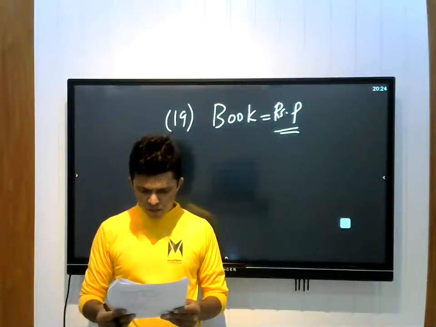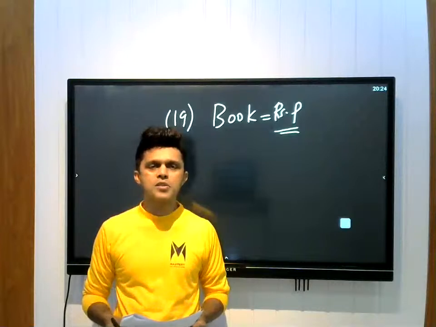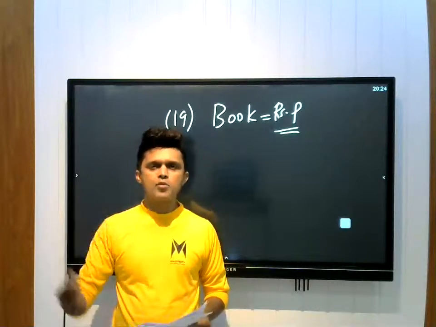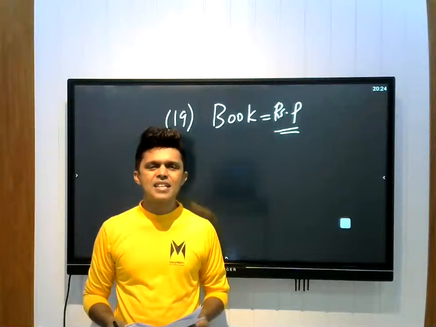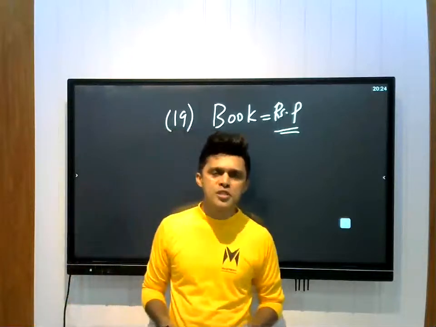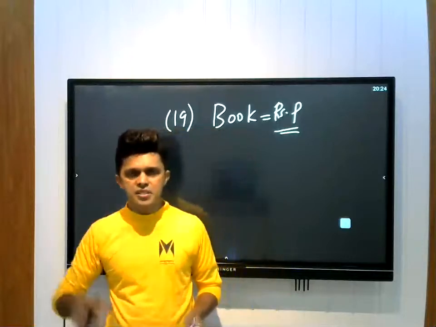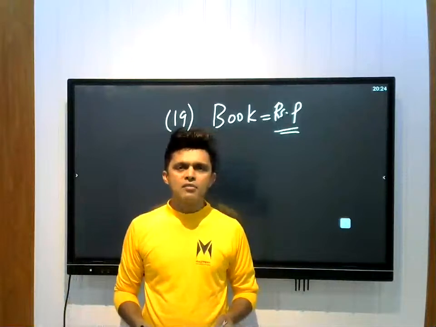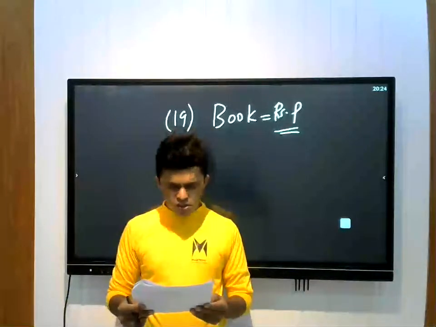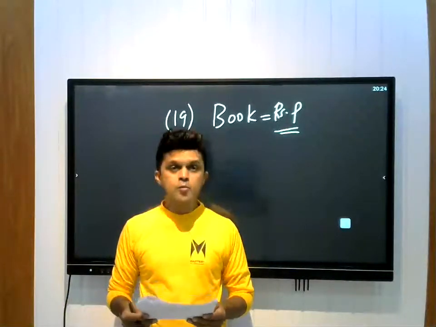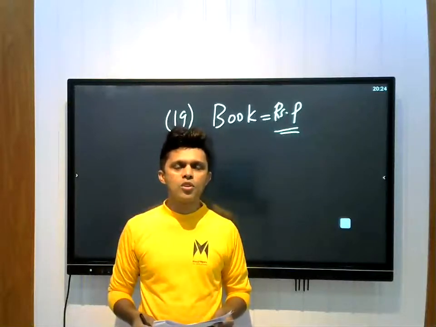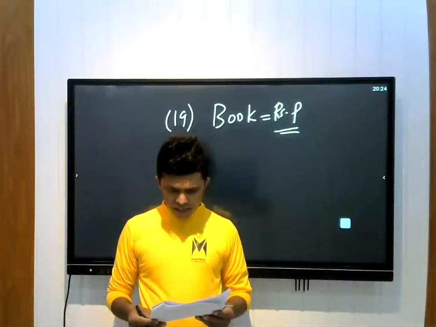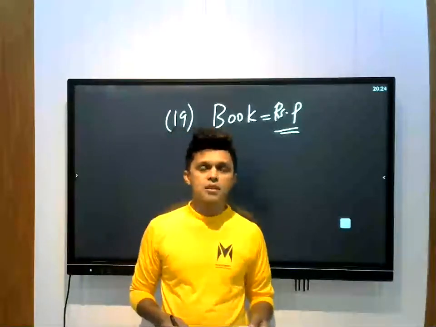If the price of a book is increased by 40 rupees, then, like in practical situations where the price of goods and services increases, the price of this book increases by 40 rupees.